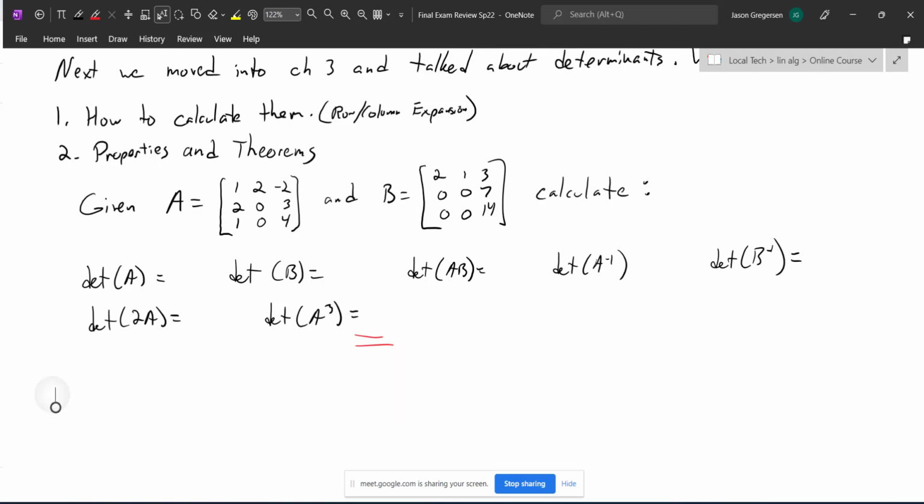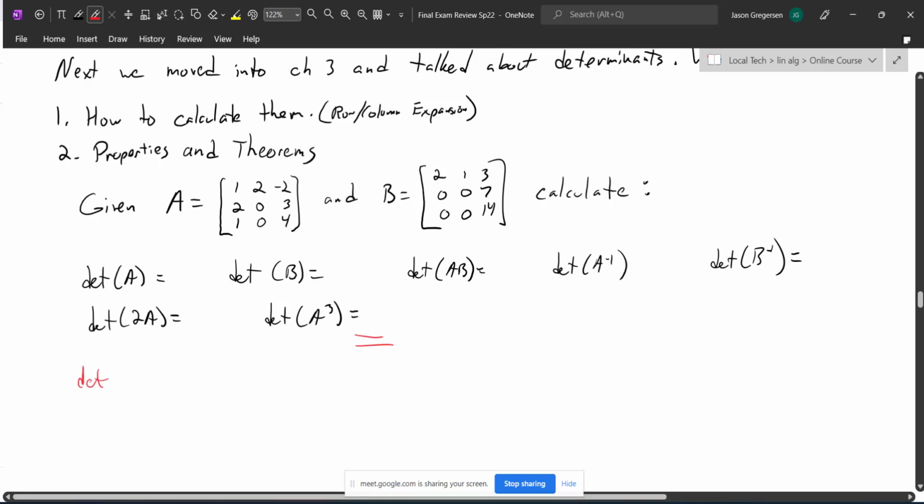All right, I'm going to start working through my answers here. So first, I'm going to calculate the determinant of the matrix A. Now to do that, I'm going to write this as determinant of 1, 2, negative 2, 2, 0, 3, and 1, 0, 4. Now in general, I could do a row expansion along any row or column.